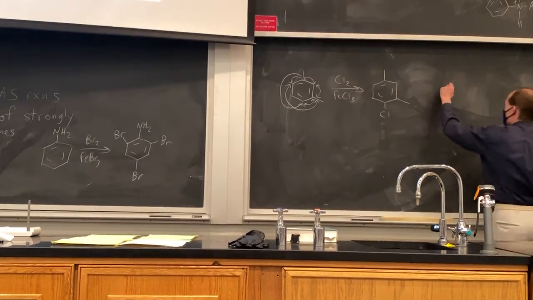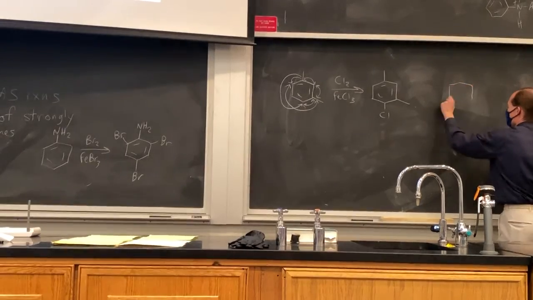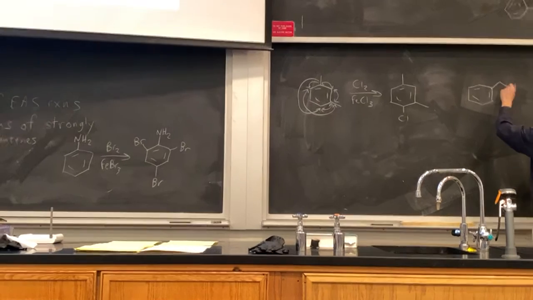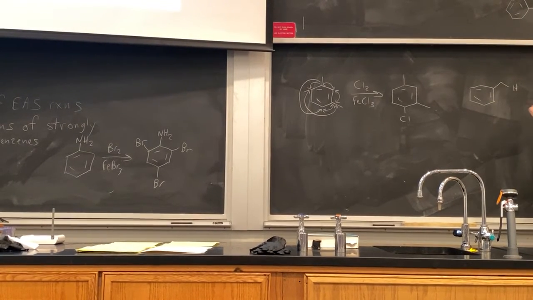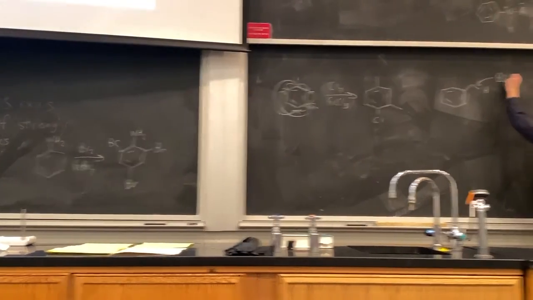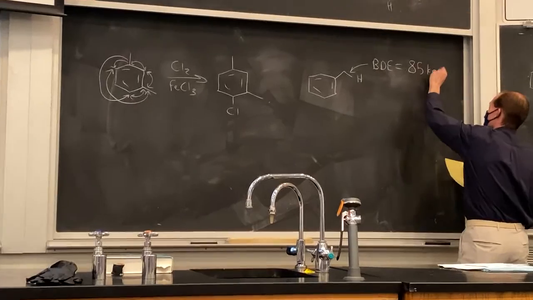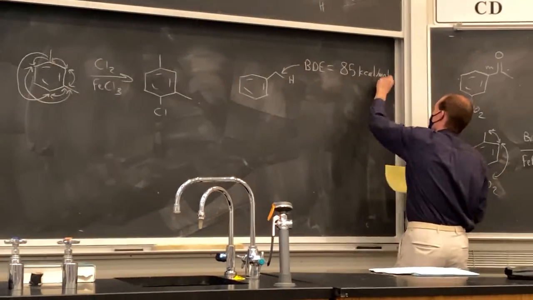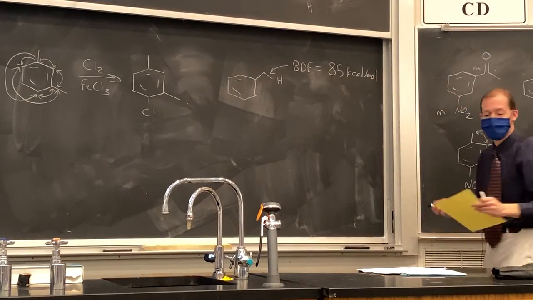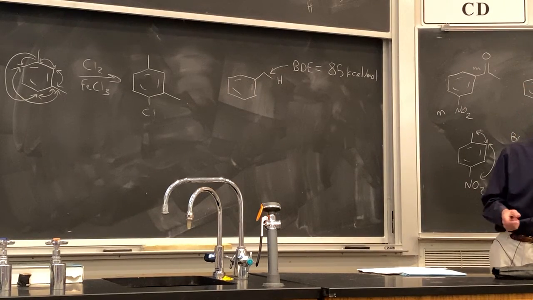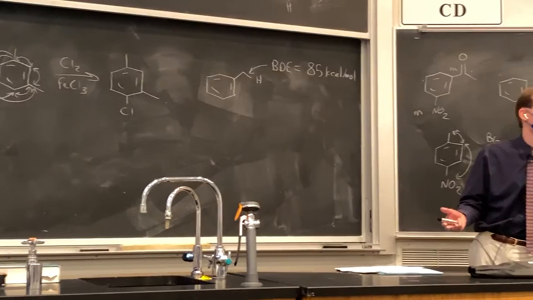Okay? So the first reaction we're going to talk about has its origins in the fact that a benzylic carbon-hydrogen bond is relatively weak. The bond dissociation energy for one of the benzylic carbon-hydrogen bonds in toluene is 85 kilocalories per mole.